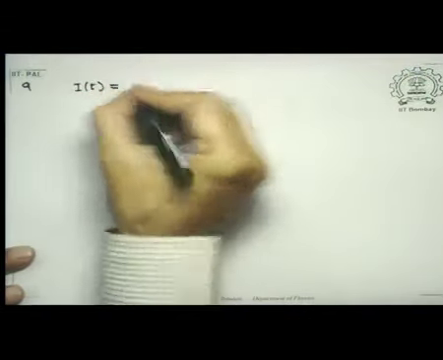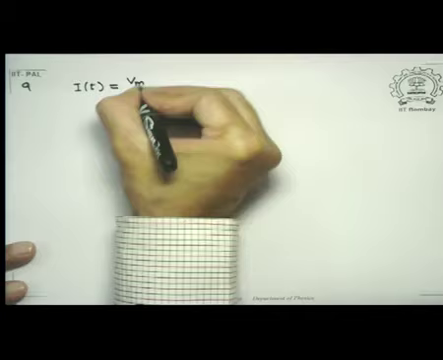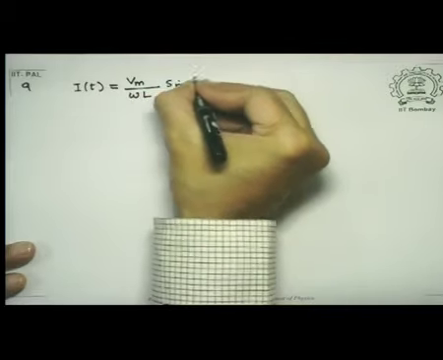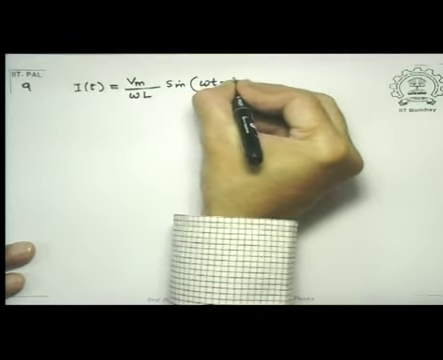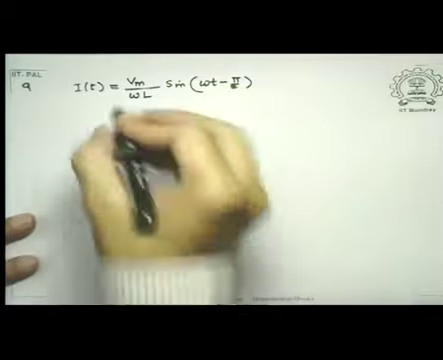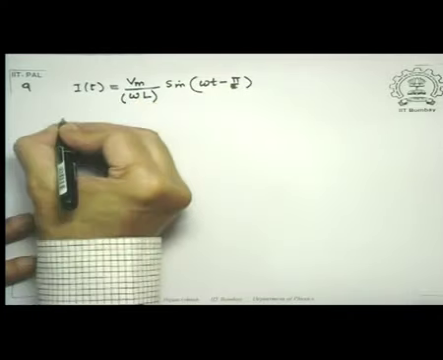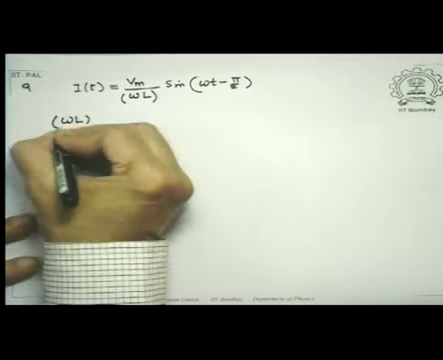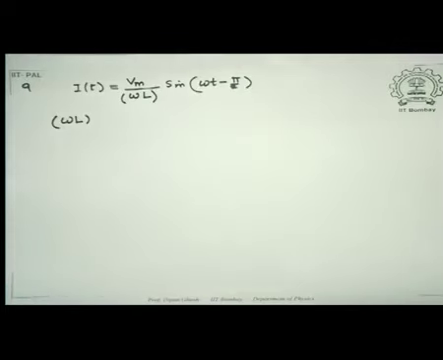This quantity, which comes here in the expression for current, is given a name: omega times L. Now, if you compare this with the direct current circuit, you realize that this is playing the role of resistance, but there is a difference.